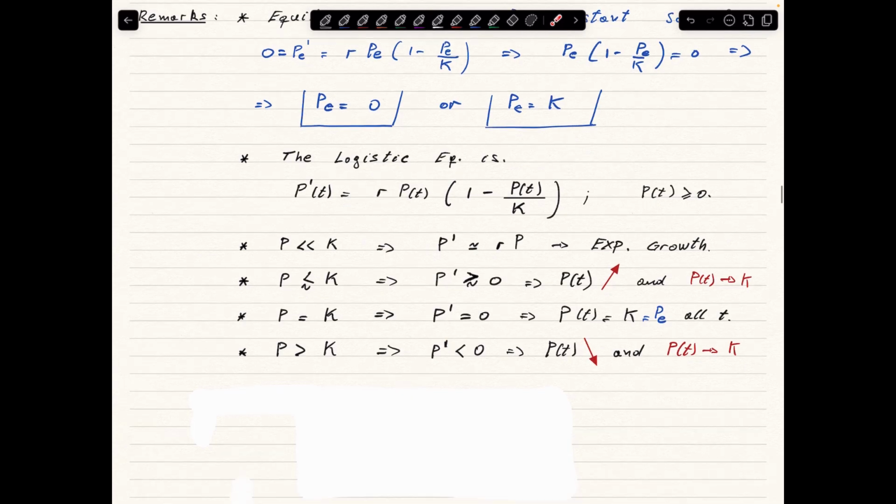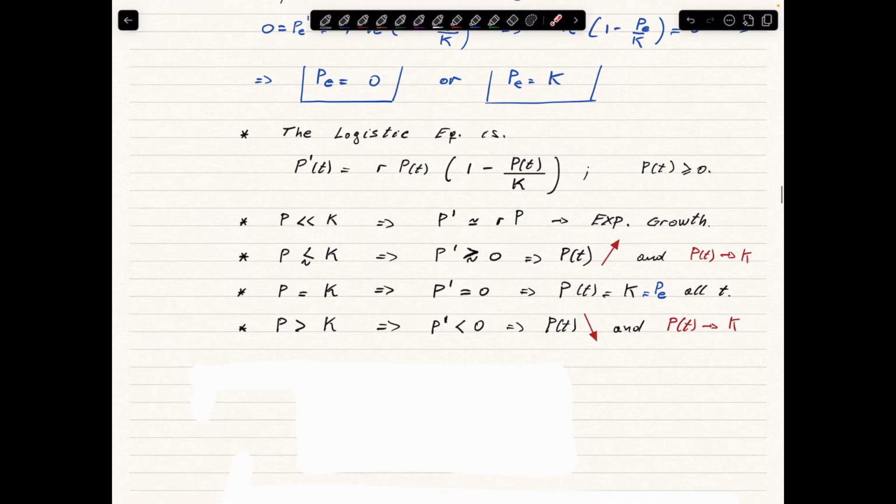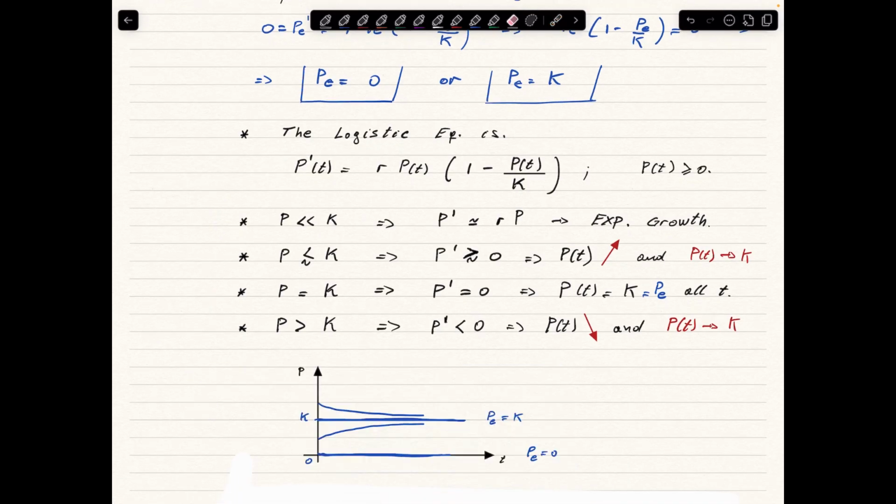So all these cases, what they are saying is we can put all these cases in one picture, and the picture is this. When we have an initial condition that is smaller than k and way smaller, let's say over here, the population grows exponentially, which is what we say here. Then it starts approaching k, but trying to be constant, always increasing, approaching k from below, and this is what happens.